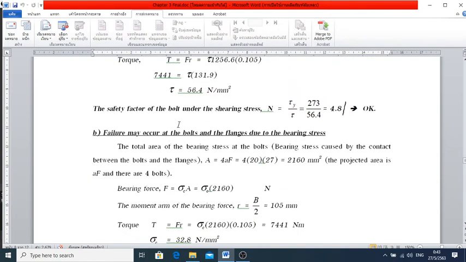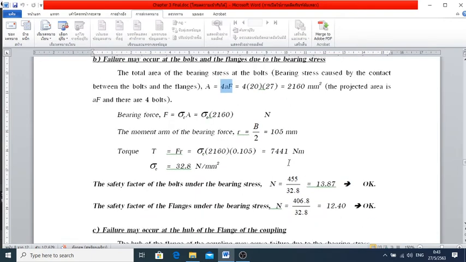Okay, and then the next one, failure may occur at the bolts and the flange due to the bearing stress. So this is the bearing stress induced right there at the contact of the bolts and the flange. The bolt hole is A, the flange thickness is F, and we got 4 bolts there, so we times by 4. Again, the force is equal to sigma C times A, the arm is right there, B over 2, and the torque again is 7,000 something.